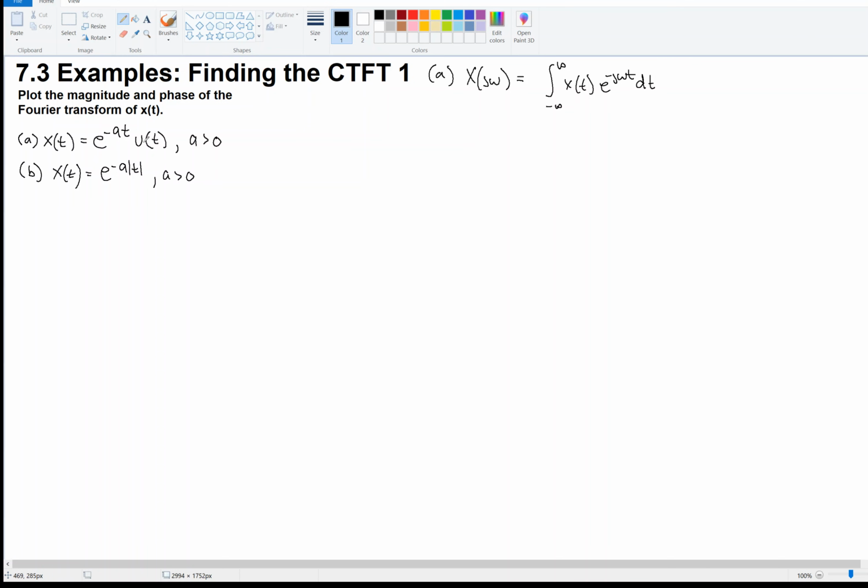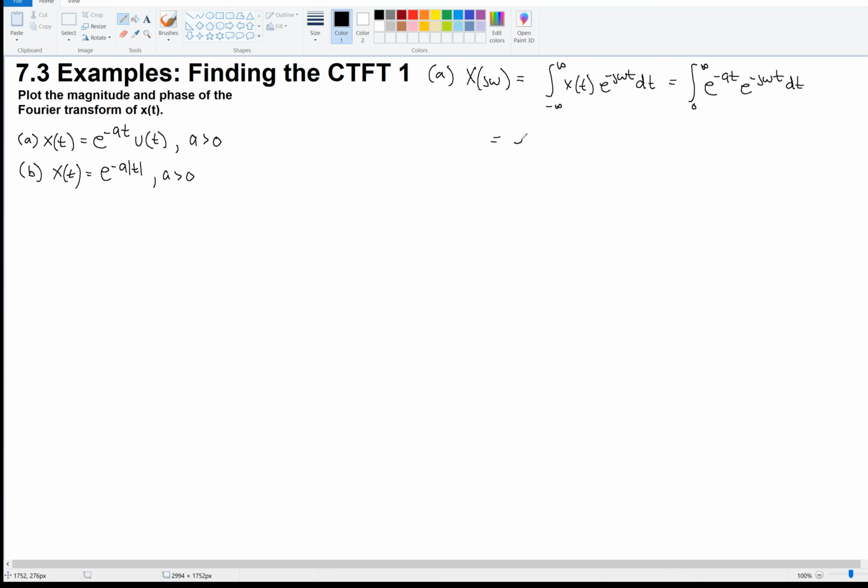When time is negative, the unit step is 0 and contributes nothing to the integral. So with the unit step, I can just integrate from 0 to infinity, and in that range the unit step is just 1, so I can drop it. So I'm going to integrate from 0 to infinity of e to the negative a t, that's the signal in that range, times e to the minus j omega t dt.